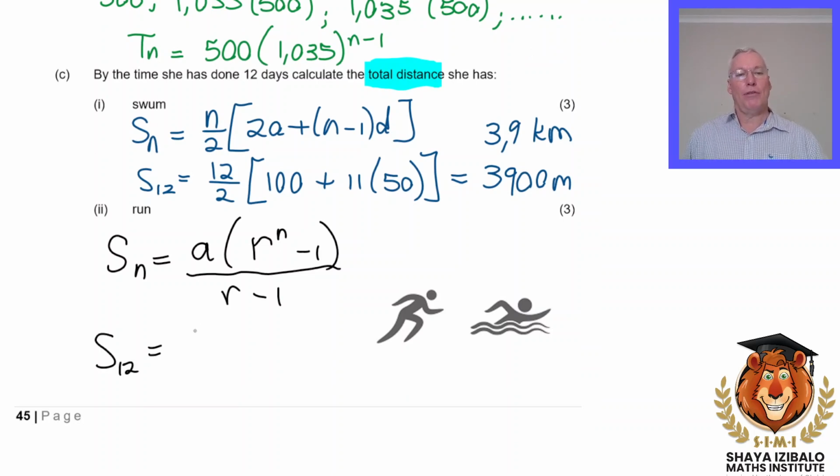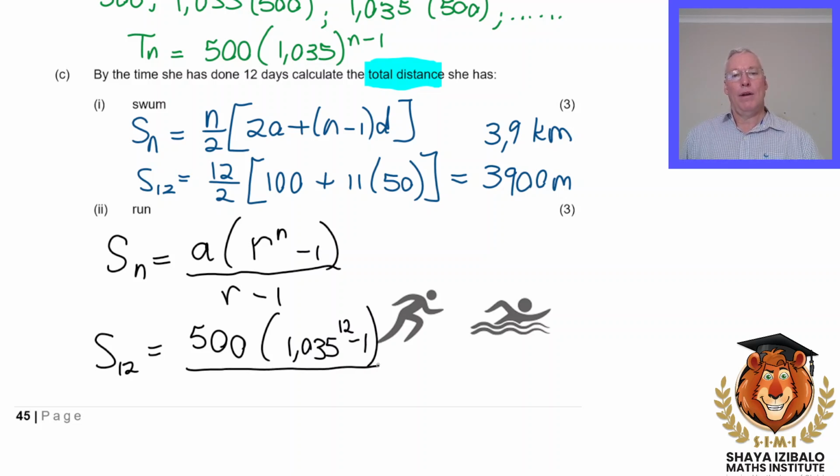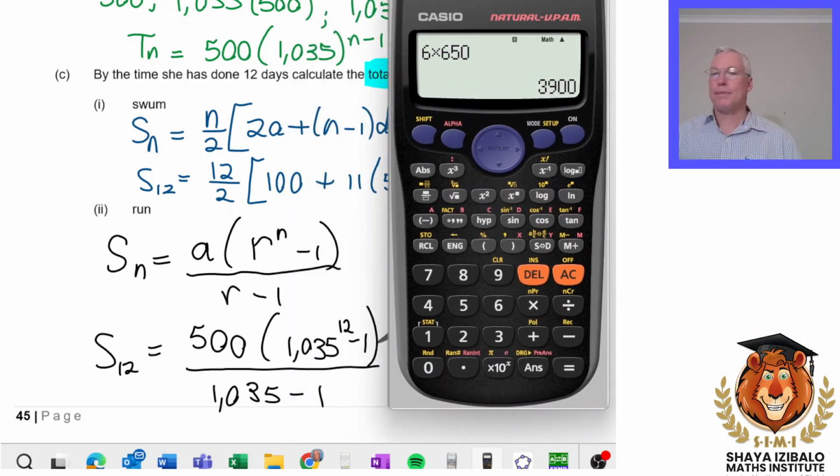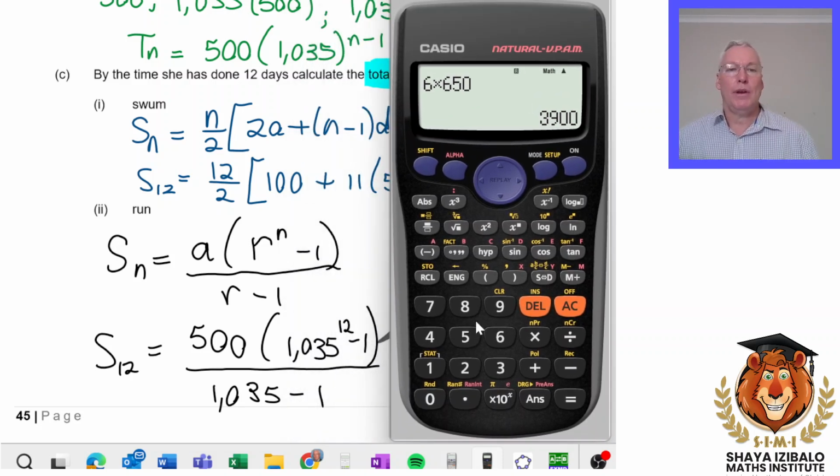So the sum of 12 terms is going to be 500 times 1.035 to the power of 12 minus 1 over 1.035 minus 1. Okay, and let's just have a look at what all of that comes to.